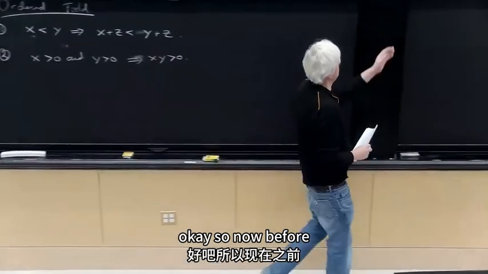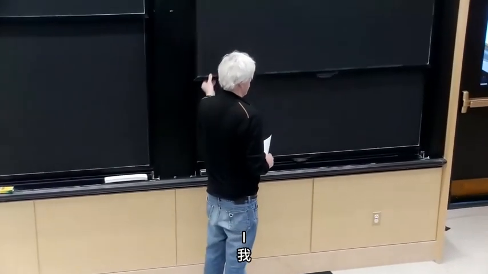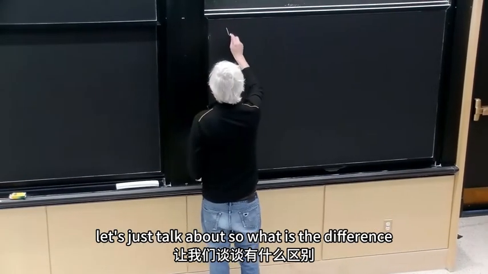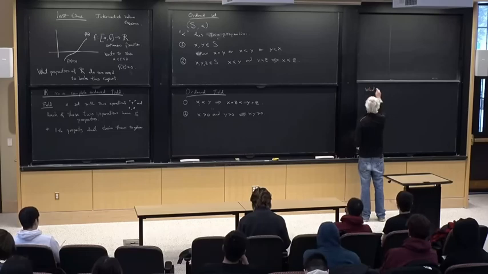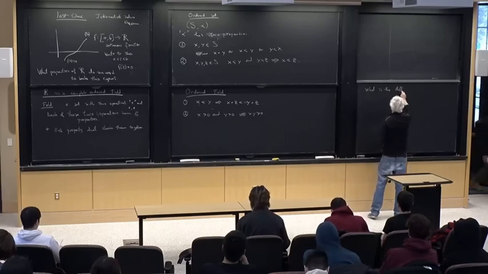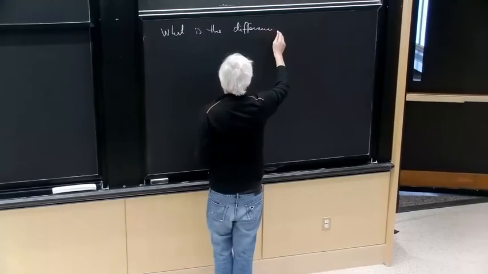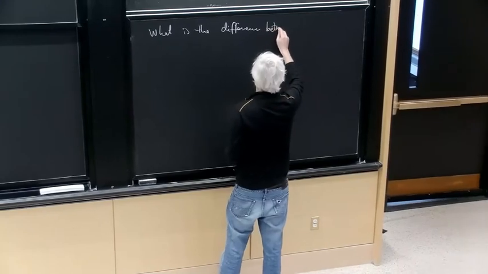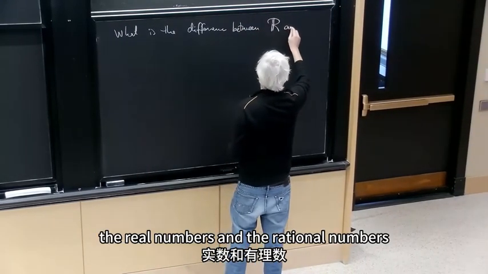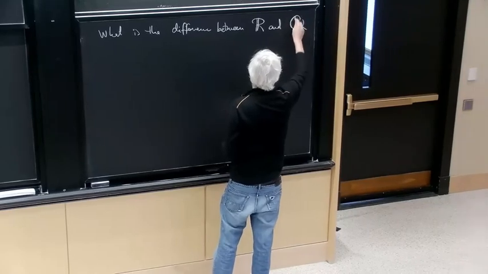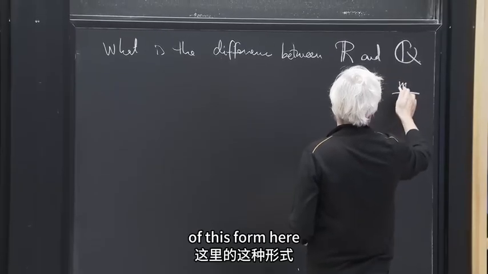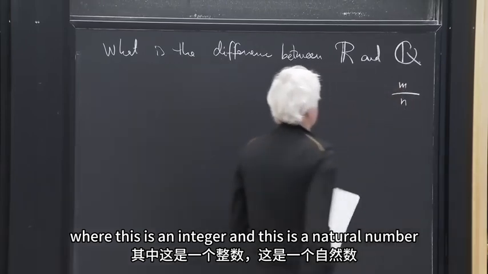Okay, so now, before I get into that, let's talk about what is the difference between the real numbers and the rational numbers. Remember, the rational numbers are numbers of this form, where this is an integer and this is a natural number.